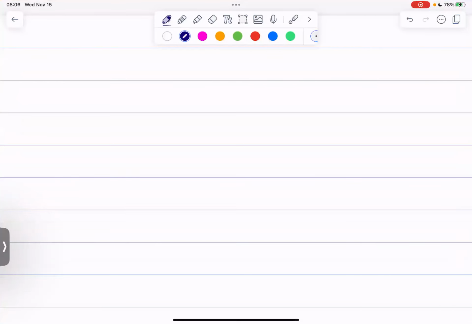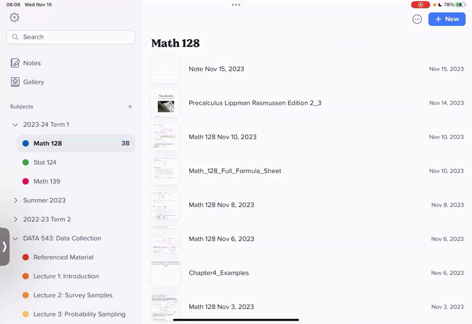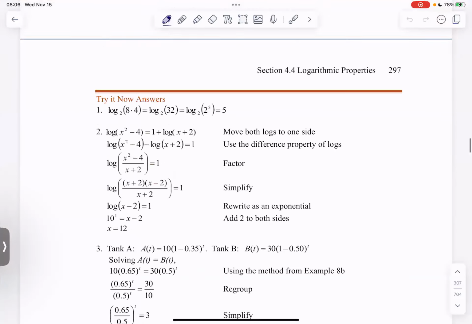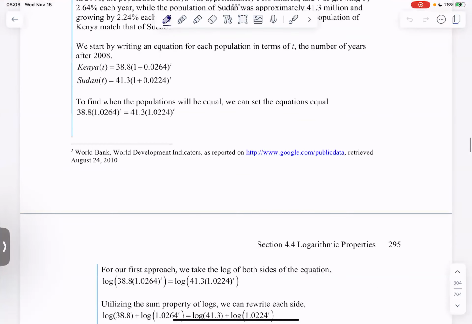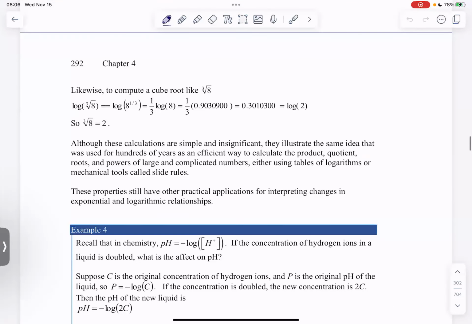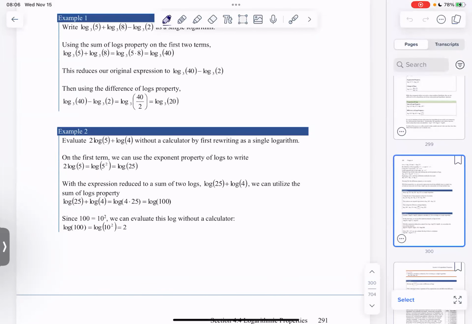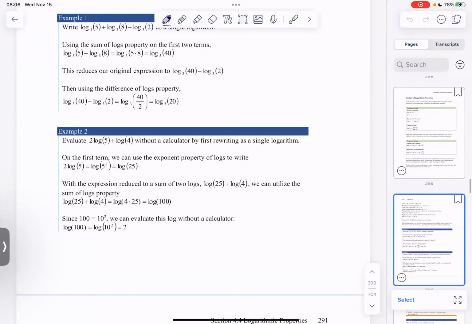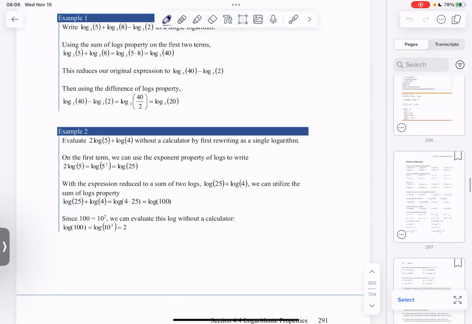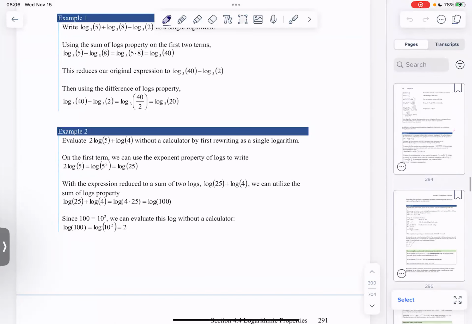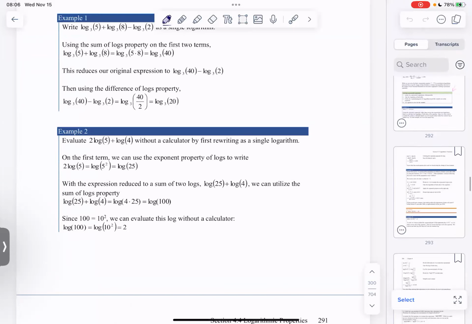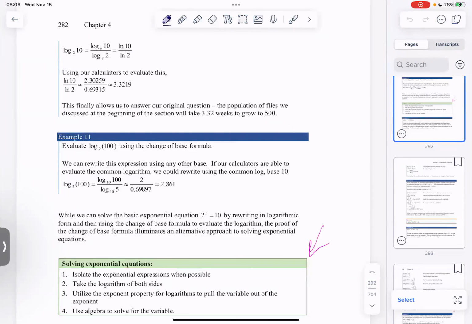Okay. Let's do a little bit of review. And I found this kind of recap here. I made little notes.